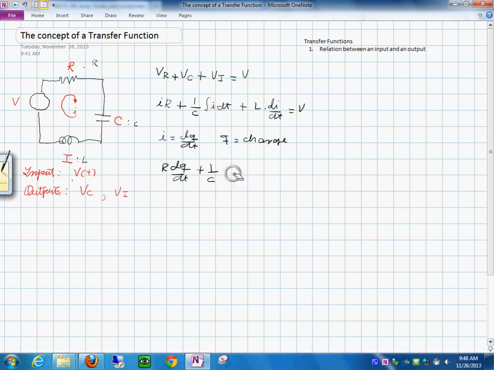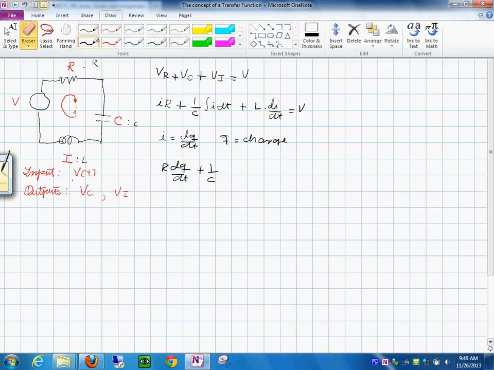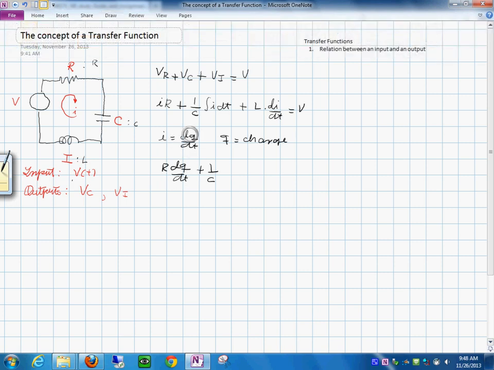The integral of I is q, so this is going to be q over C. You see, if you integrate both of the sides, the integral of I is really q. And then plus L times d square q dt square. Yeah? Is everybody with me?